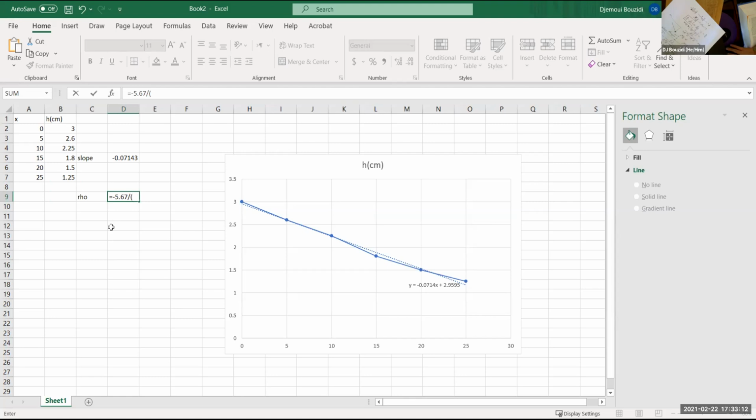I can do D5. That's gonna give me the same cell that I already computed with. Or I can write the same function here just to make sure that I know what the function looks like. So I did not even have to do that step. This is the dependent variable, and then this is the independent variable. So this is my slope, times in the denominator is still 8 squared.